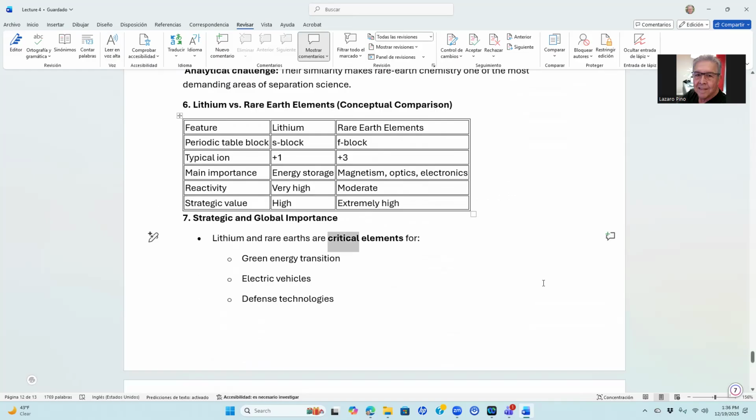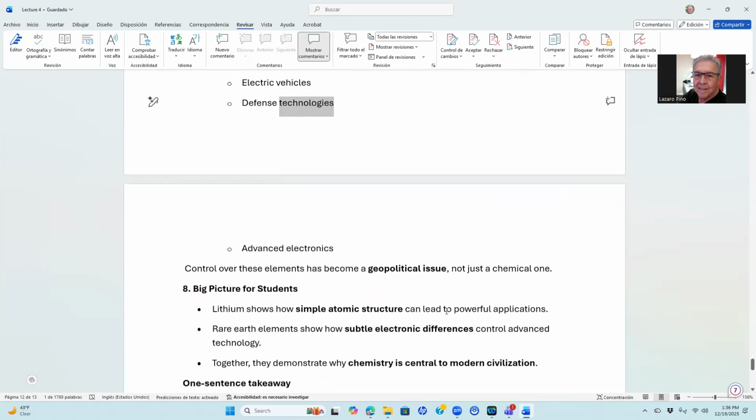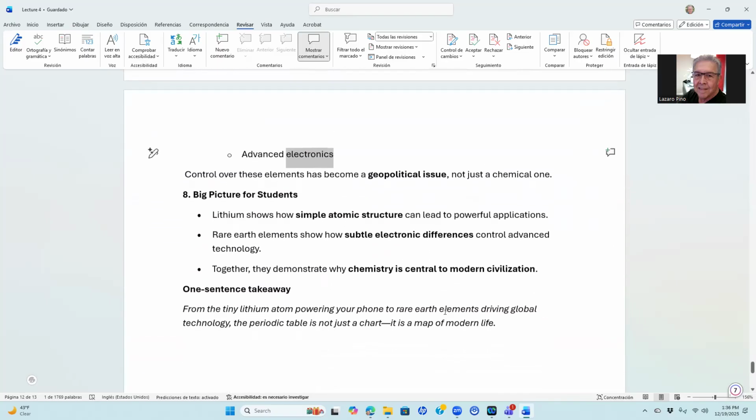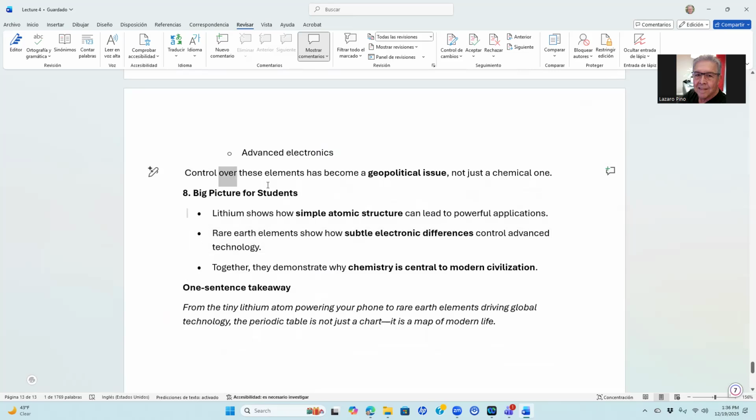Lithium and rare earths are critical elements for green energy transition, electric vehicles, defense technologies, advanced electronics. Control over these elements has become a geopolitical issue, not just a chemical one.